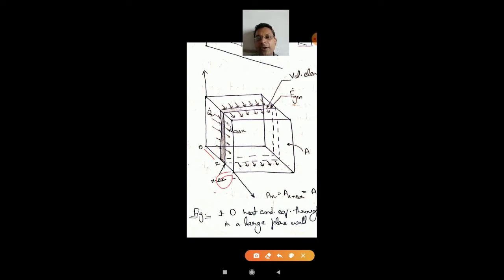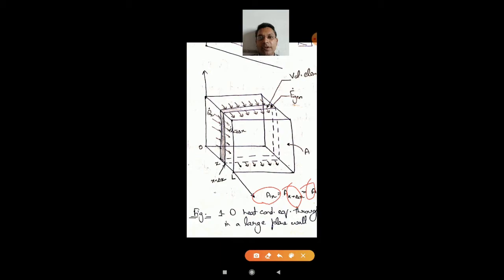That's why q dot x and q dot x plus delta x. The area of the wall is A. Since it is a rectangular plane wall, the area will be constant. That means the area at x and the area at x plus delta x are equal, and I am considering it to be A.